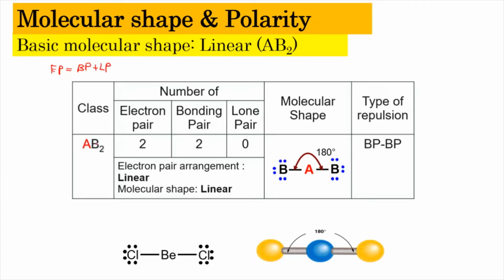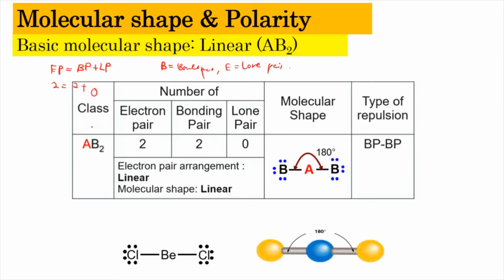Because it is bonded to two terminal atoms, it's going to be 2 electron pairs, and in the class here, which is AB2, both of them are bonding pairs, and they're going to have 0 lone pairs, which is something like this. Okay, so the bonding pair is represented by B. Meanwhile, the lone pair is represented by E.